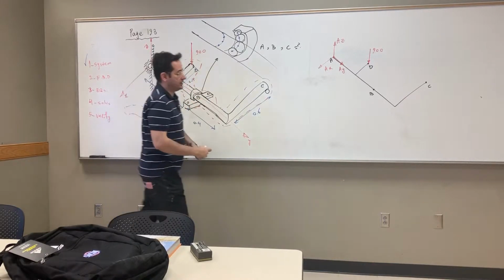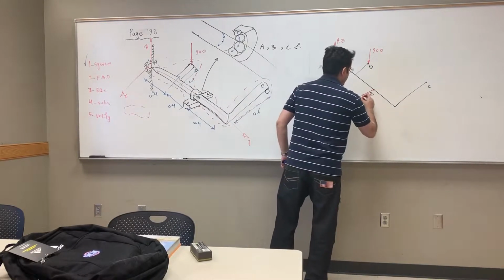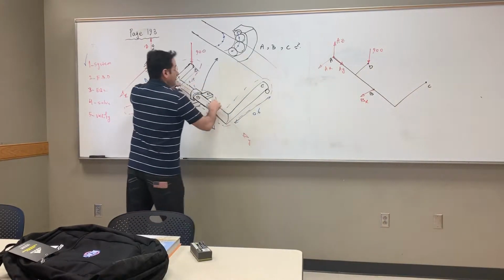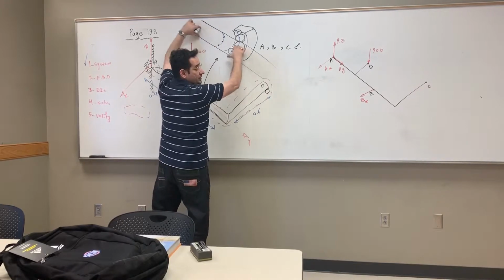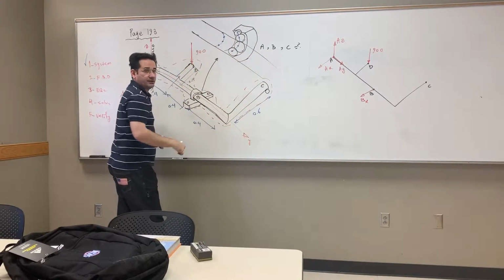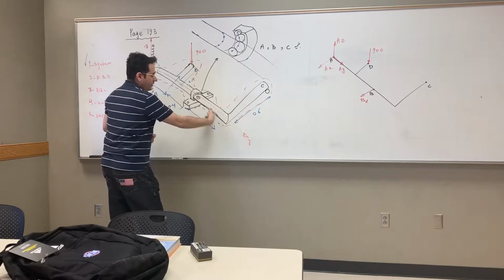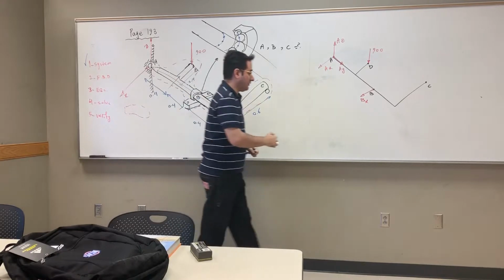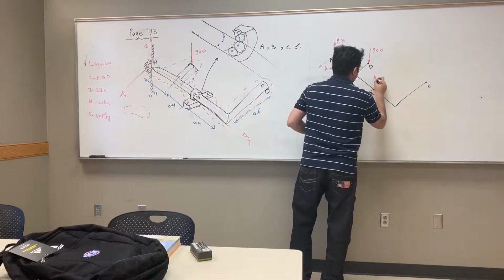No, so there is a DX here, unknown. Can I move this guy in a Y direction? Yes, because you see, it's a ball bearing. So there is no DY. Can I move it in Z? No, so there is something that resists and you don't know it.